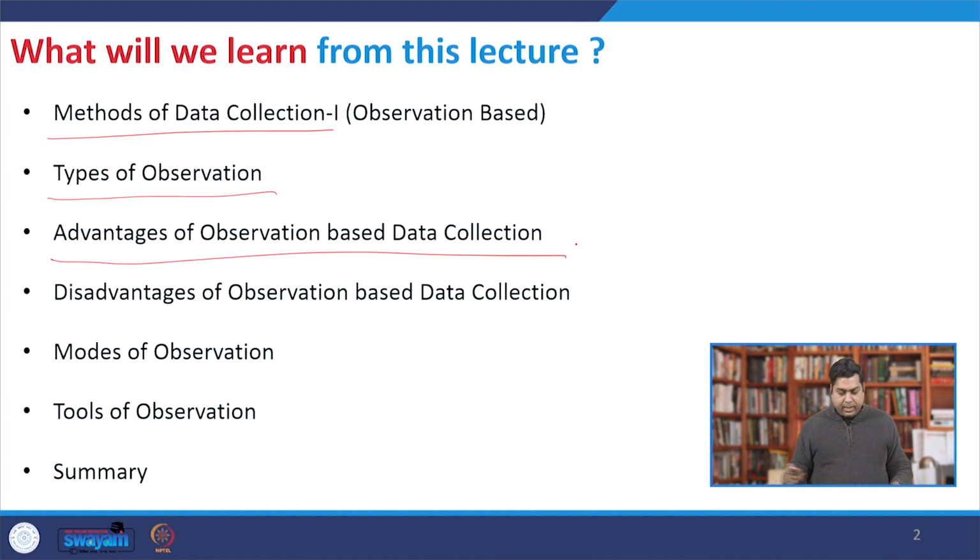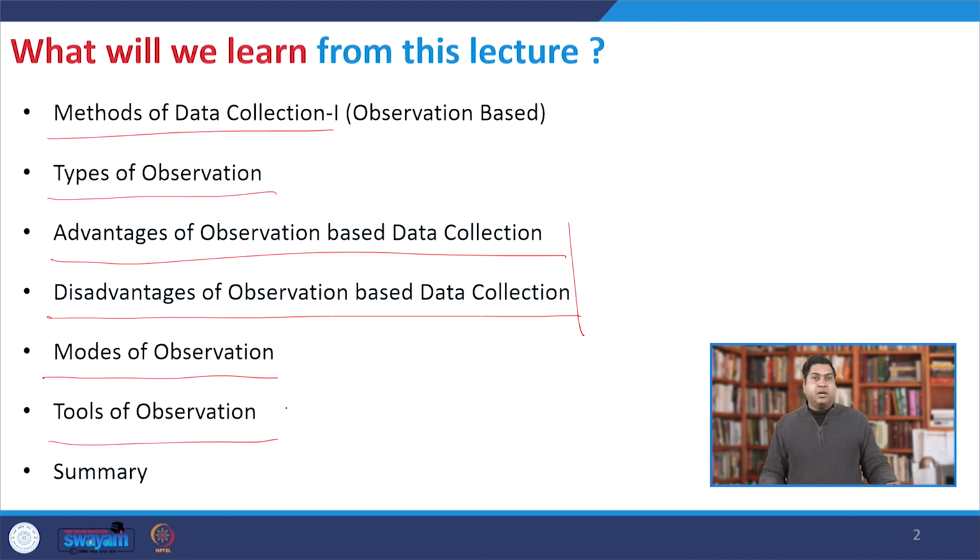We will discuss the advantages of observation based data collection. Also there are certain drawbacks in observation based data collection, and we will discuss the same. Then different modes of observation, the tools of observation, and then we will summarize our understanding out of this particular lecture.